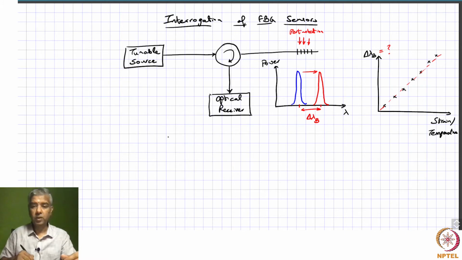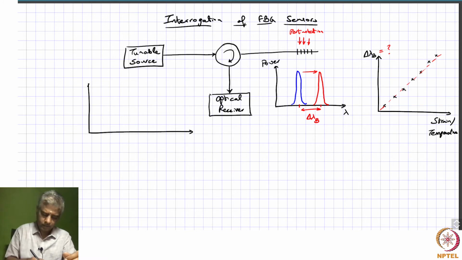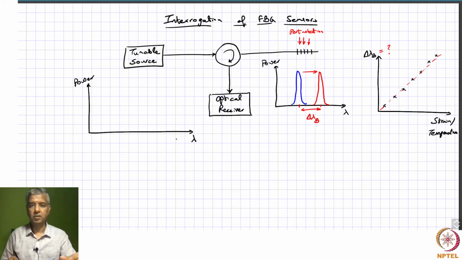So how does this work? Well, you are essentially tuning the laser, and you are looking at the optical power that's received at this optical receiver as a function of the wavelength that you are tuning.